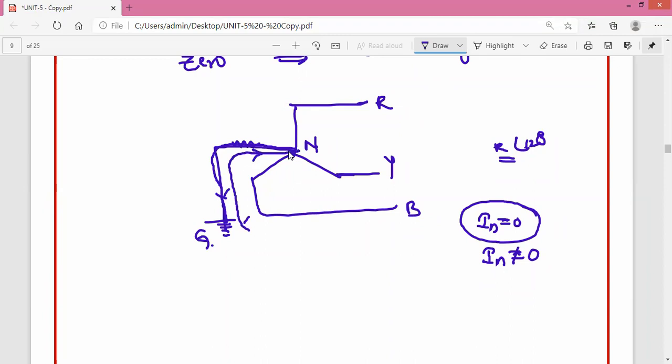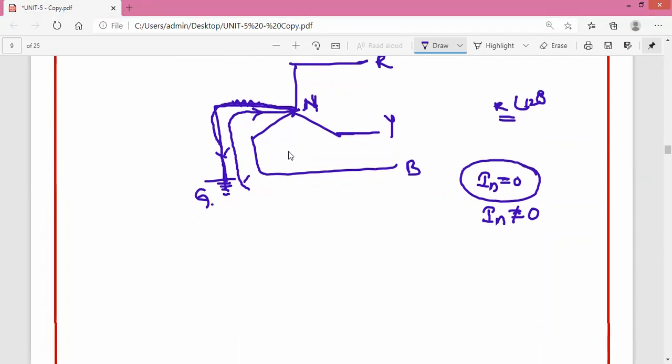That is the reason why we are always discussing a balanced system only. For the balanced system, there is no flow of current through the neutral. If there is a flow of current through the neutral, then definitely the system has become unbalanced. So positive sequence and negative sequence are represented with respect to neutral, and the zero sequence components are represented with respect to ground.